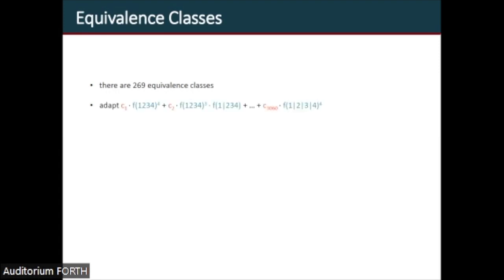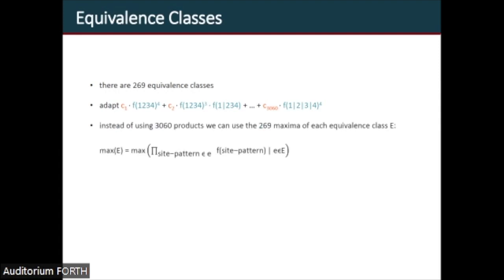And therefore, what we did next was to adapt our polynomial by replacing the 3060 products of site pattern frequencies with the 269 maxima of equivalence classes. And a maximum of an equivalence class here is computed by just collecting all combinations in one equivalence class.